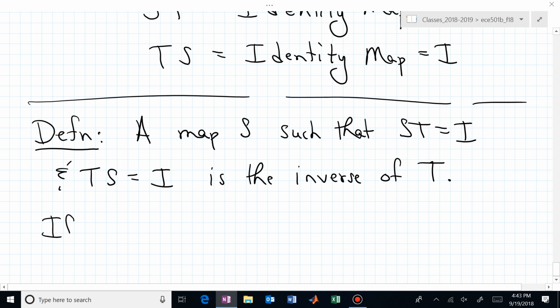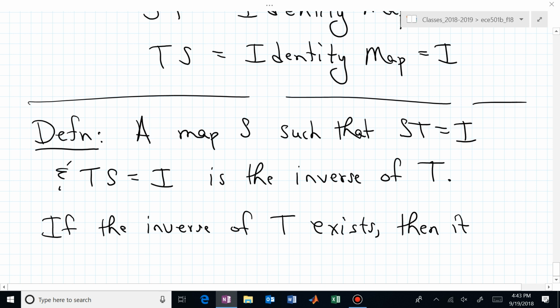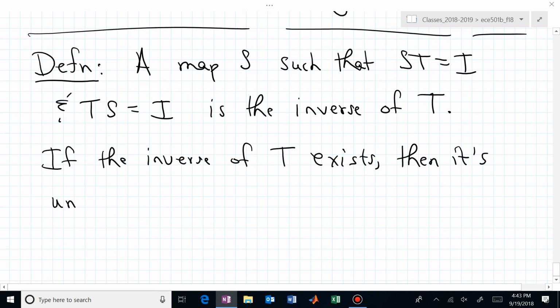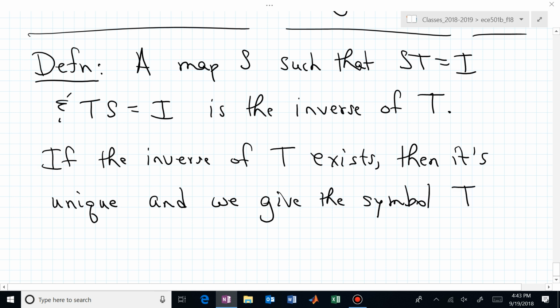If the inverse of T exists, then it is unique, and we will just call it T inverse, and we give it the symbol T inverse.